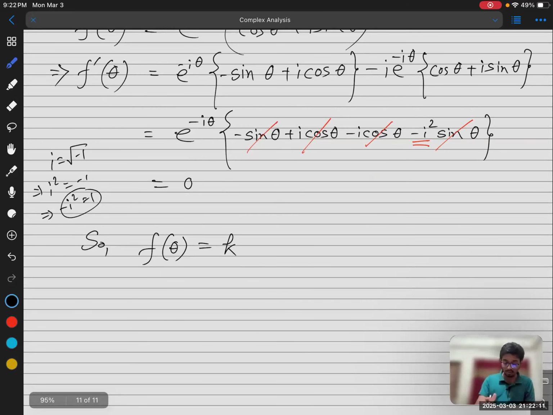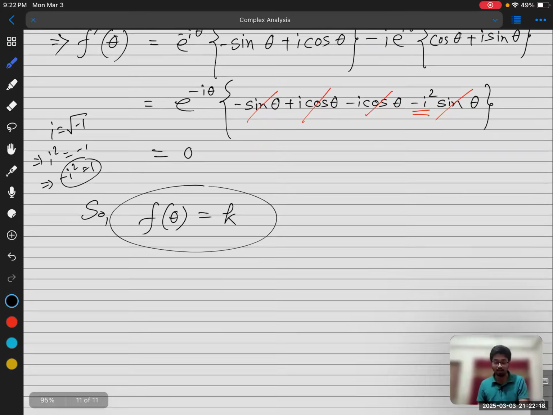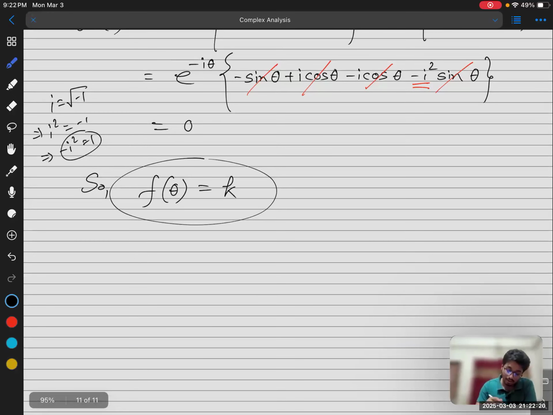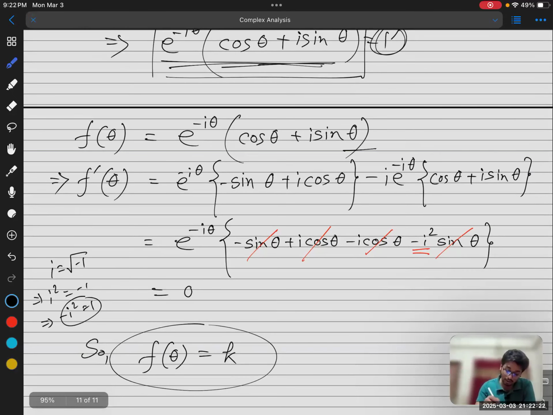From here we can say that we already get some constant k, but we need to fix that the value of k can only be 1. So how can we say that? Our f(θ) is going to be this.